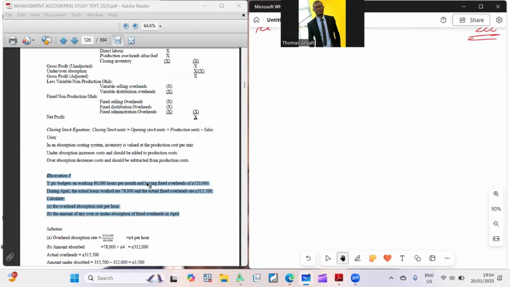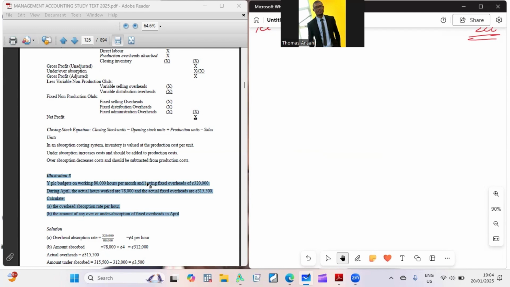During April, actual hours worked was 78,000, and the actual fixed overhead was 350,000. A, calculate the overhead absorption rate. B, the amount of any over or under absorption in the month of April. So that is what we have.